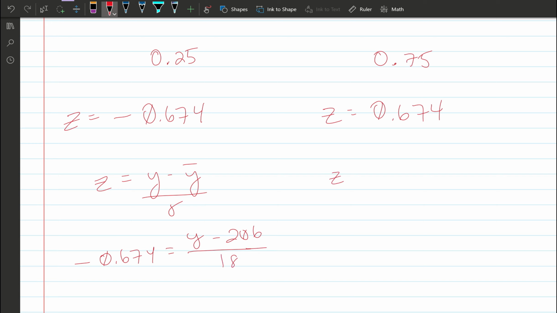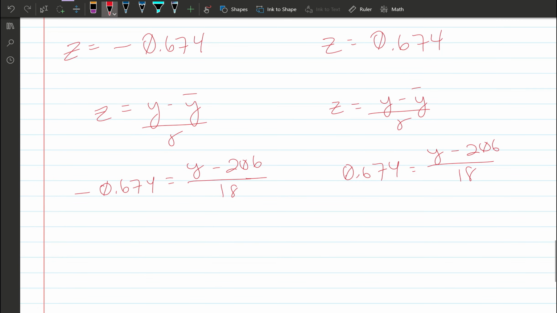I'll do the same thing for this side: my z-score is 0.674, equal to y minus 206 over 18. Performing some algebra on both of these, we eventually get that y is equal to 194, and here y is equal to 218.